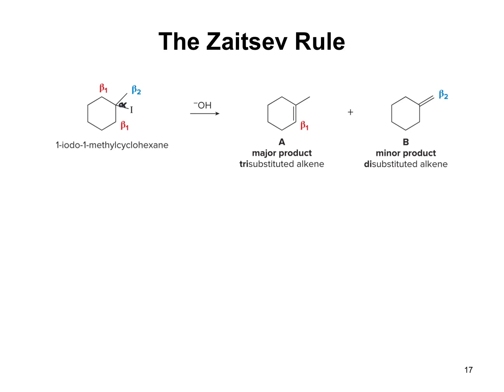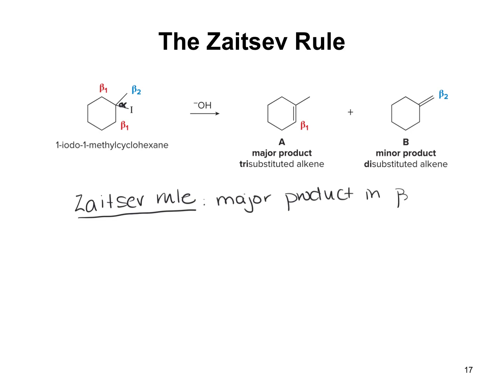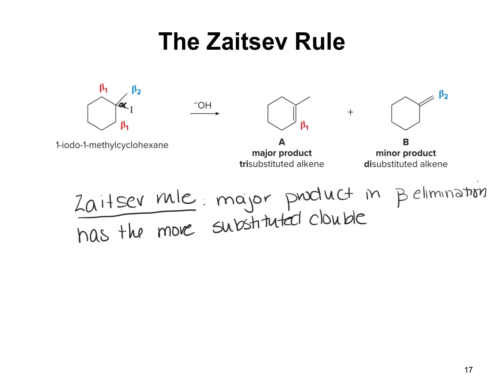Now, the Zaitsev rule is what we follow for this. And what that states is that the major product in beta elimination has the more substituted double bond, right?